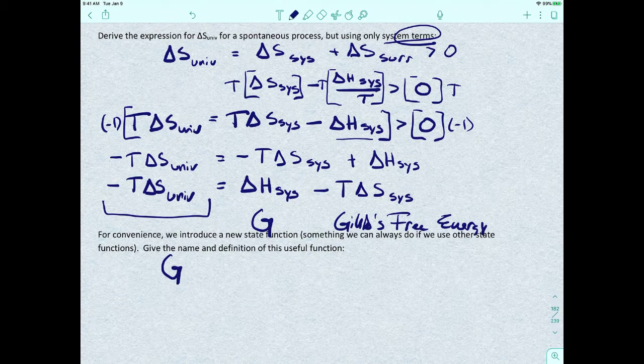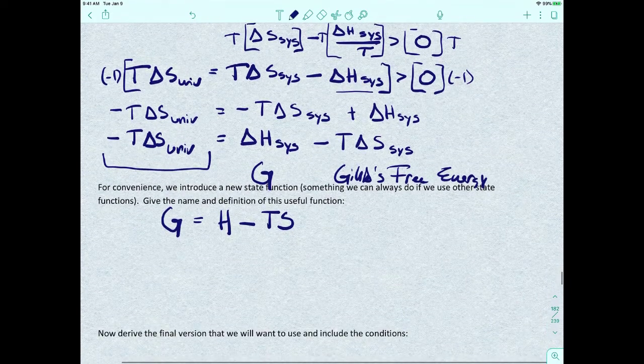Where G, the Gibbs Free Energy, is equal to the enthalpy, H, minus the temperature times the entropy. This is a state function just like entropy and enthalpy.